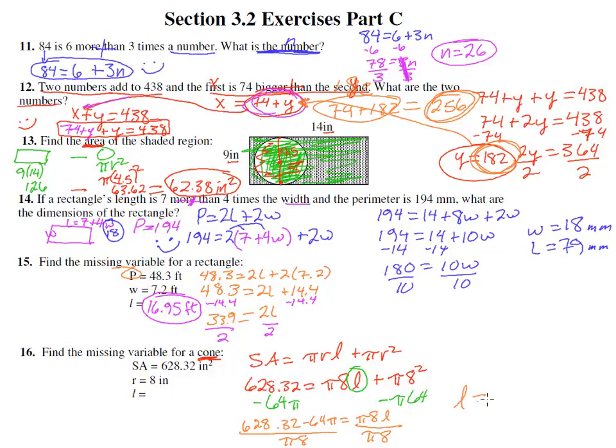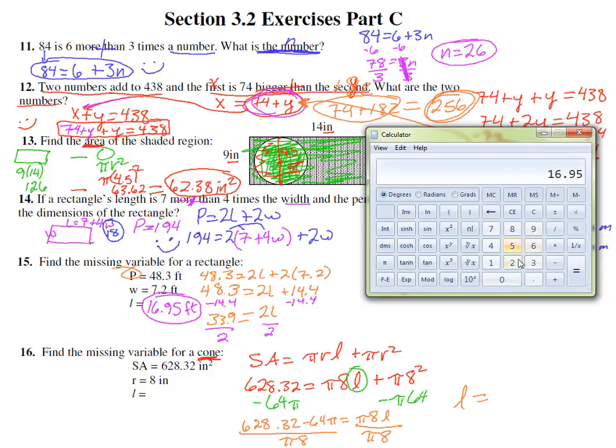So L equals, okay, I've saved it till the end, but let's put that whole thing in our calculator. 628.32 subtract 64 times pi equals, so that number should be on the top, 427.258.